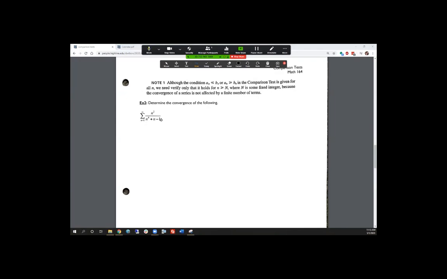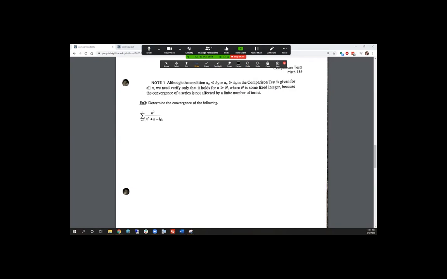Let's look at another example where we use the comparison test to try to determine the convergence of a series. So this is example 2 in 10.5. I want to look at the series from n equals 1 to infinity of the rational expression n squared over n to the 4th plus n minus 10.